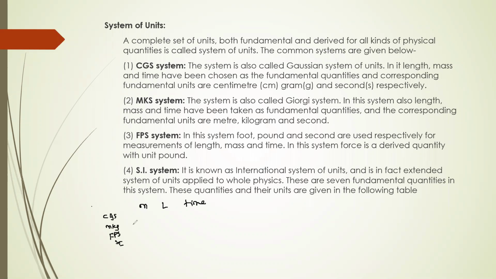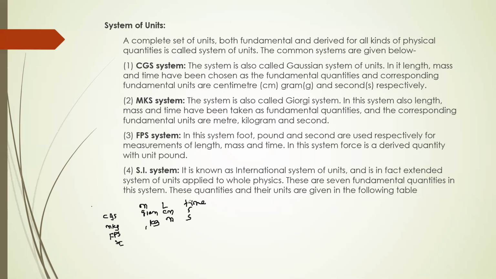For CGS, G stands for gram, so mass is measured in grams and length is measured in centimeters. In the MKS system, mass is measured in kilograms and length is measured in meters. And the unit of time in both cases is the second.